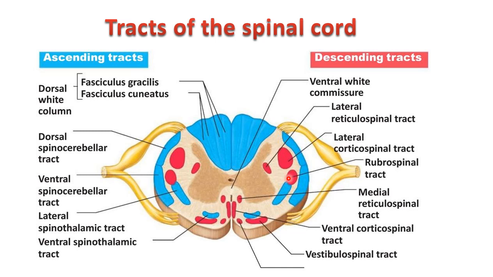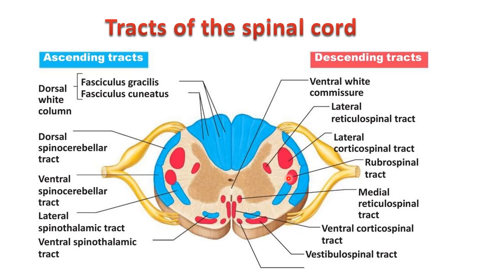As I told you, this is facilitating the flexors and inhibiting the extensors. So when a flexor action is going to take place, the extensors should be inhibited from acting. Thereby this is coordination of the muscle movement. Okay, so that is one tract.